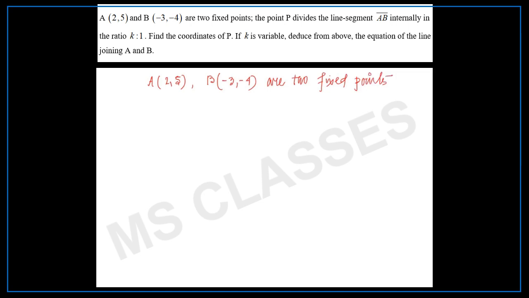Now here, let us try to understand what we are trying to do. We take this point as B, which is (-3, -4). We take the point A, this is (2, 5). It is being divided in the ratio k is to 1.